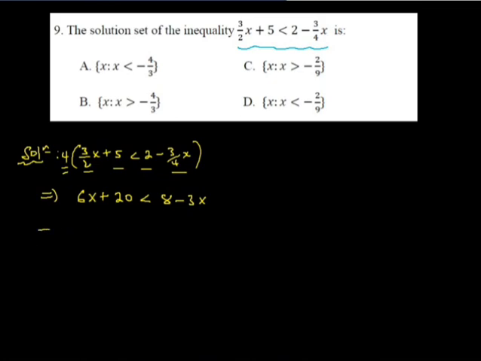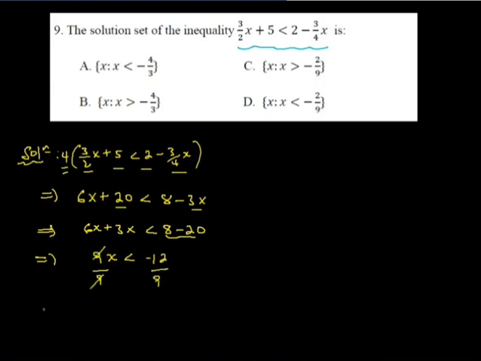Now we collect like terms: 6x plus 3x is less than... I moved the 3x to the left and moved the 20 to the right, 8 minus 20. So 9x is less than 8 minus 20, which means minus 12. Now divide both sides by 9.